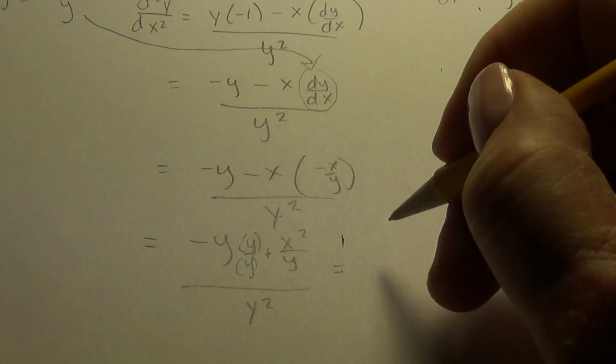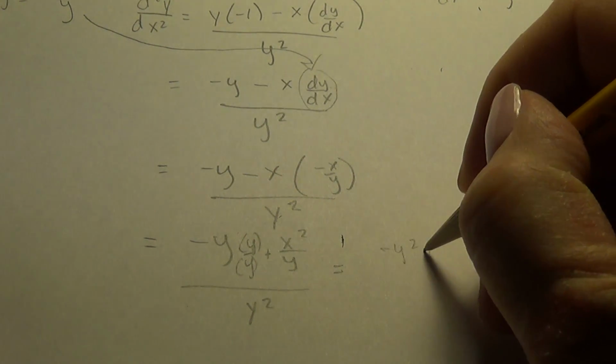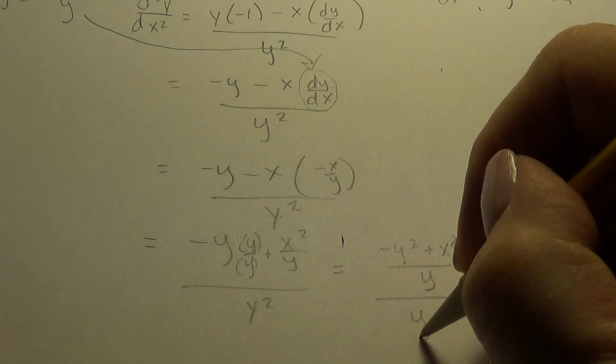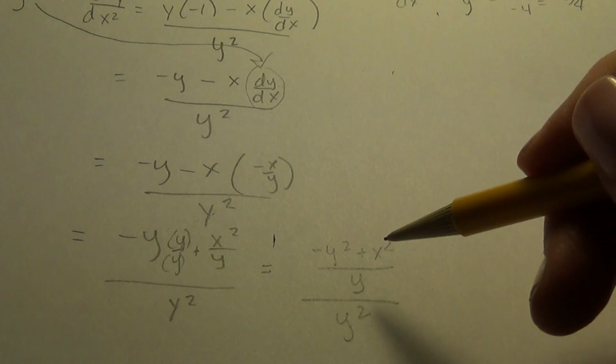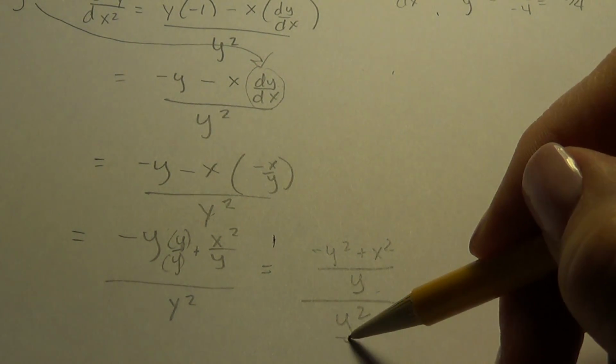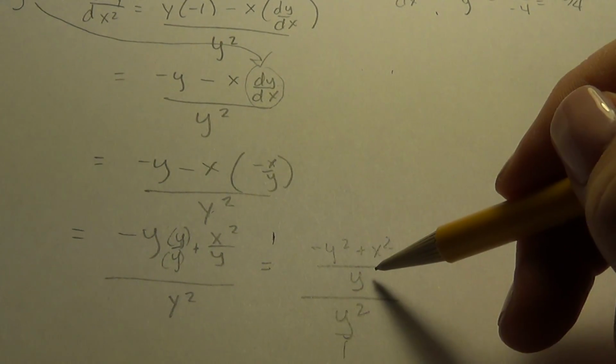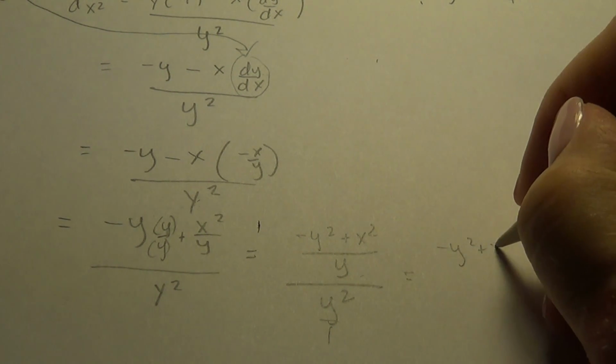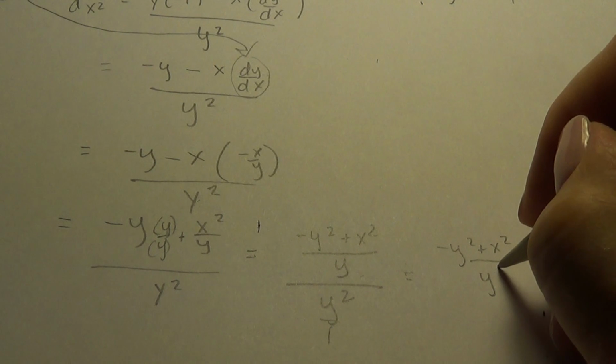And I get negative y squared plus x squared over y, all over y squared. When this is a fraction divided by a fraction, I flip the bottom and multiply. I get negative y squared plus x squared over y cubed.